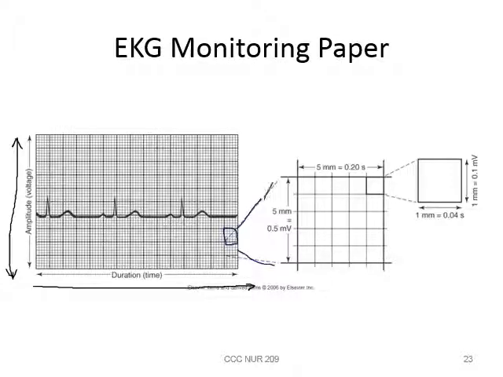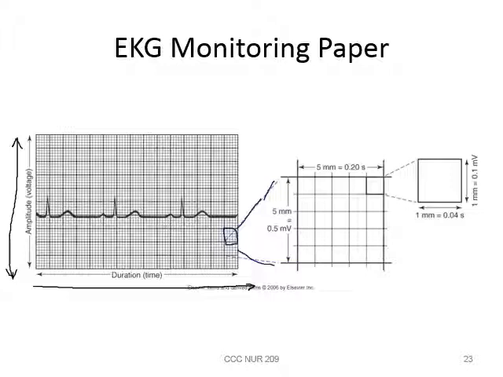You can see what I'm talking about. These boxes basically are 5 millimeters in length and represent 0.2 seconds. So 5 millimeters in length and 0.2 seconds. It also represents 5 millivolts of electrical activity.